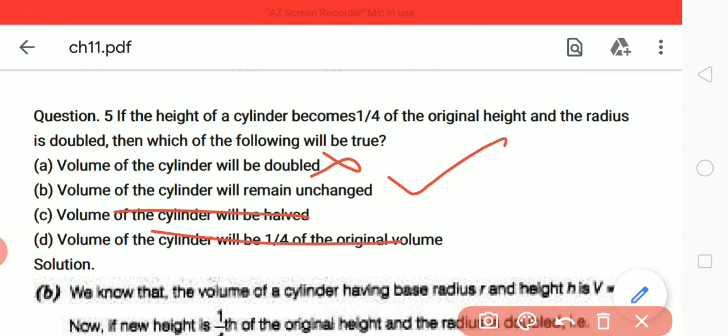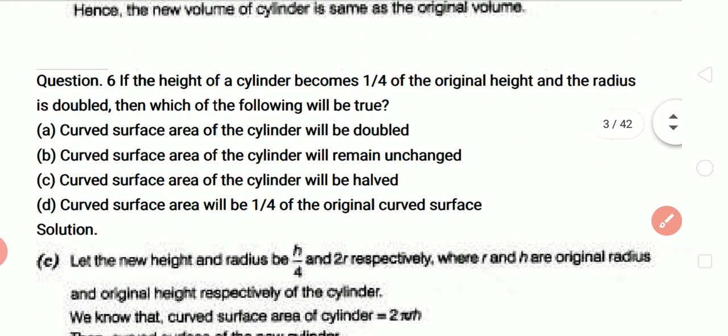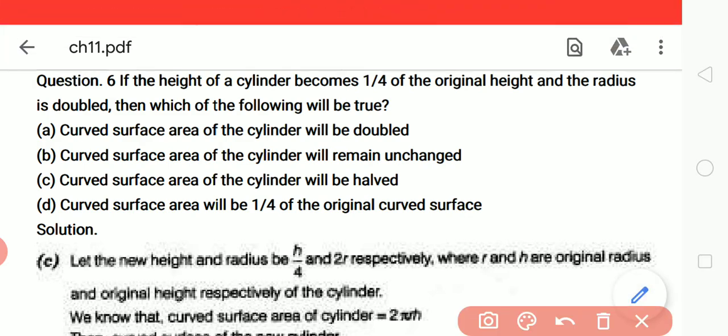So these are incorrect. Now come to question number 6. If the height of the cylinder becomes 1/4 and the radius becomes double, which of the following is true? All the options are about the curved surface area, so let us find the curved surface area, that is 2 pi r h.